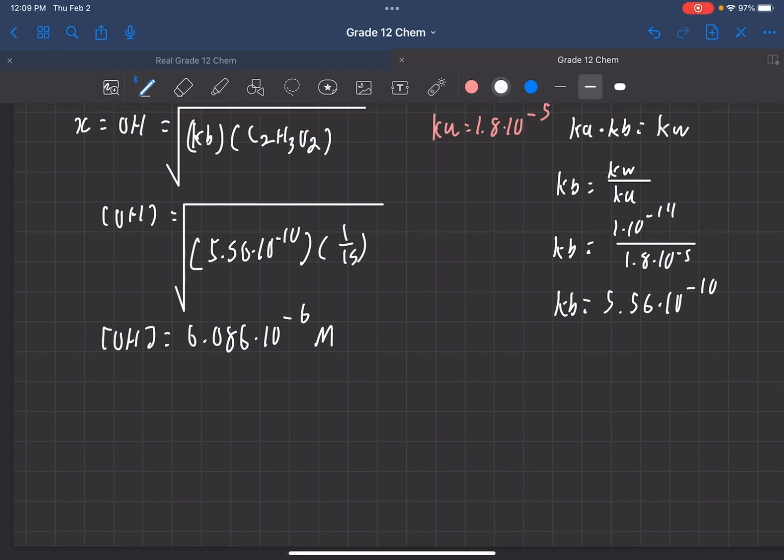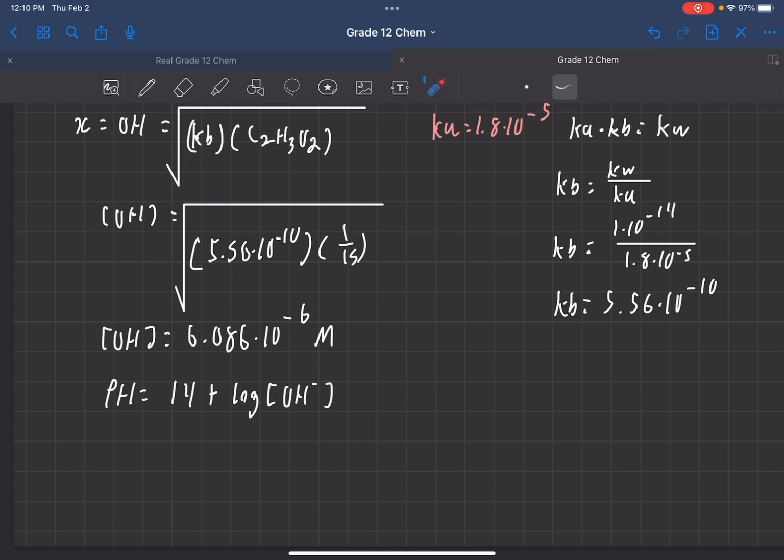Okay, so now all we got to do is find the pH. So the pH is equal to 14 minus the pOH. Well, to find the pOH, we just do a negative log of the hydroxide. So what we're saying is minus log of OH, or we can say 14 plus the log of our hydroxide concentration, right?